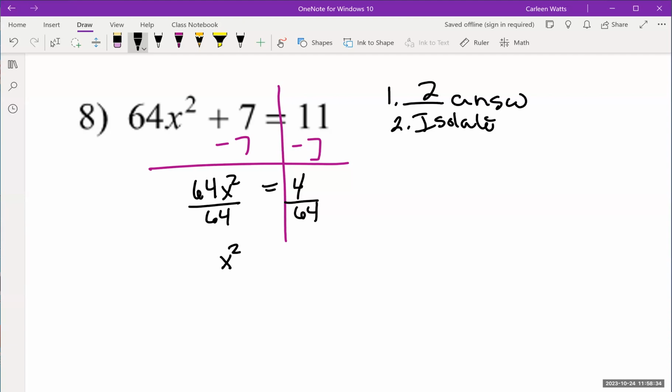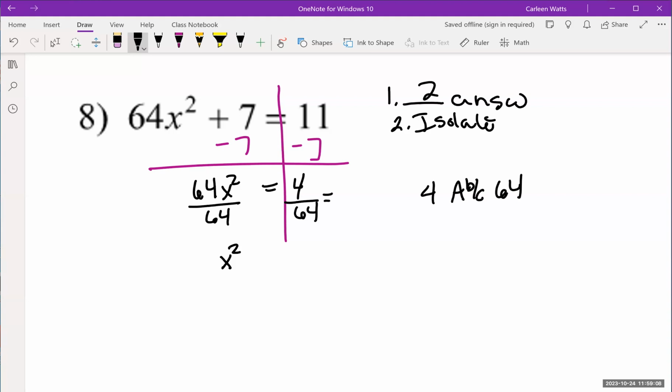Okay, calculator. I want you to do 4 ABC 64, and we're going to have the calculator reduce that fraction for us.